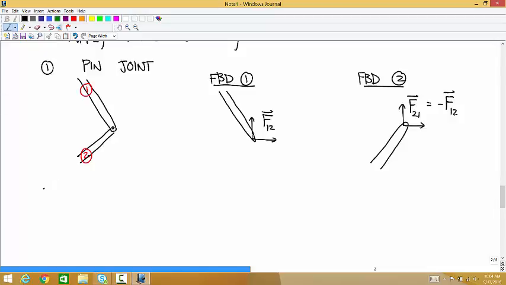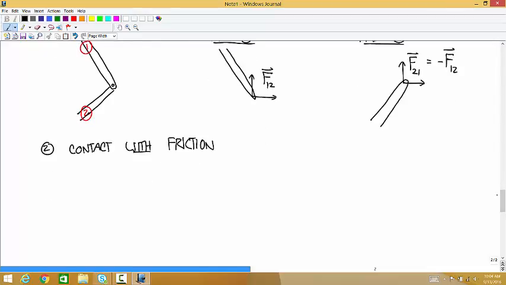And then the second type is contact with friction. We've dealt with this before. So it looks just the same as contact without friction, except that something says in the problem that there's friction.